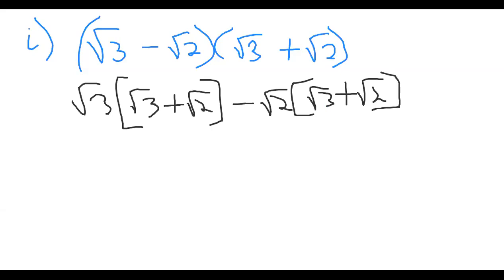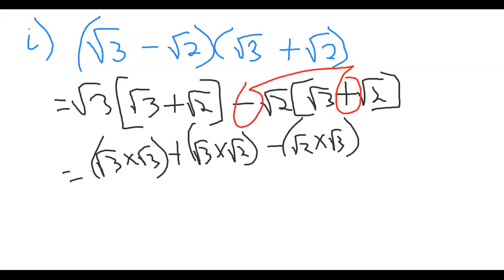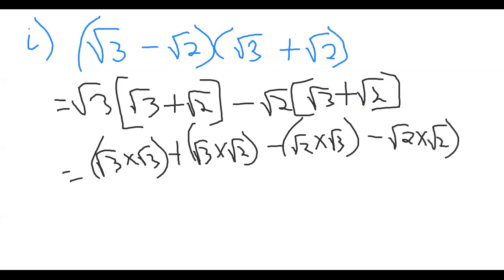So in expanding this, we shall have root of 3 times root of 3 plus root of 3 times root of 2 minus root of 2 times root of 3. And then this minus with this positive gives us a minus, so minus root of 2 times root of 2.